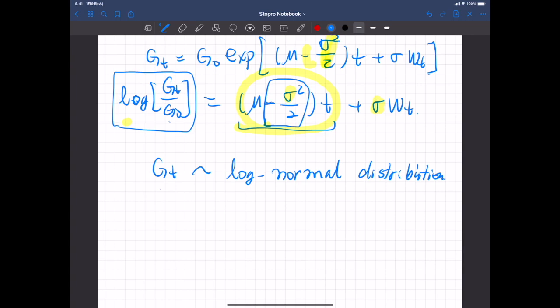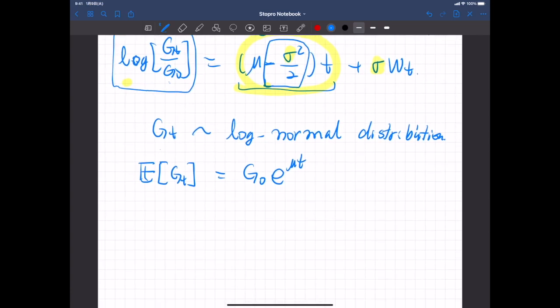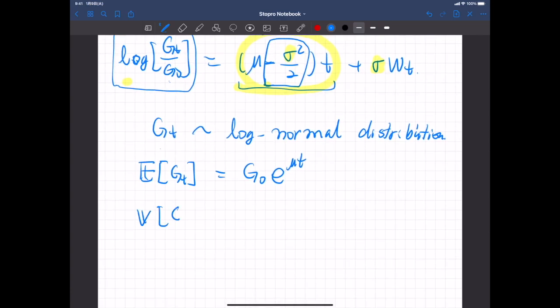And if you look up some handbook of statistical distributions, you would find the expectation value of this gt is g0 times exponential of mu t. And the variance is given by g0 squared exponential of 2 mu t times e to the sigma squared t minus 1.